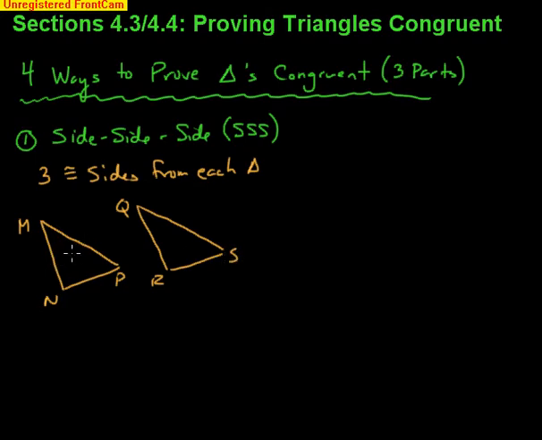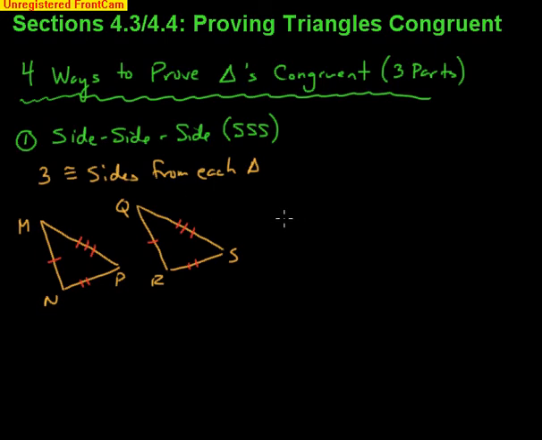I'll mark one marking, and I'll use a different color, red: 1, 2, 3. If you know that the corresponding sides of one triangle are congruent to the corresponding sides of another triangle, that is good enough to say that the triangles are congruent. We don't need to know anything about the angles; we can assume the angles are congruent. There is only one way to draw a triangle if you know its 3 side lengths.